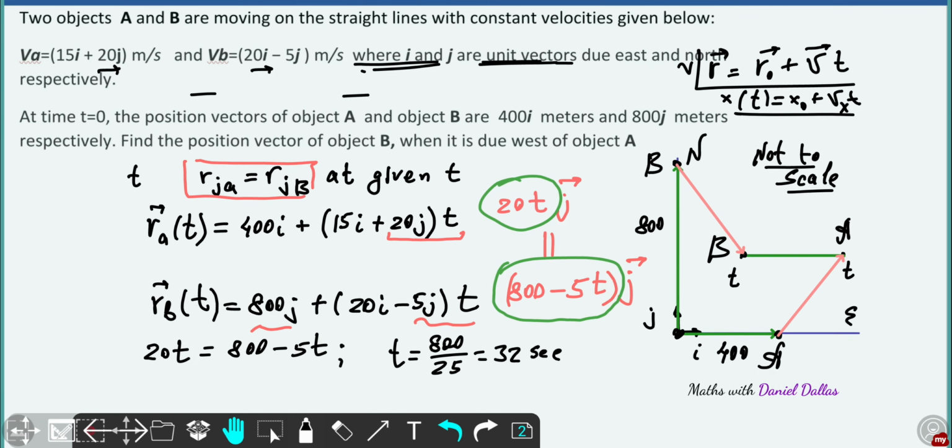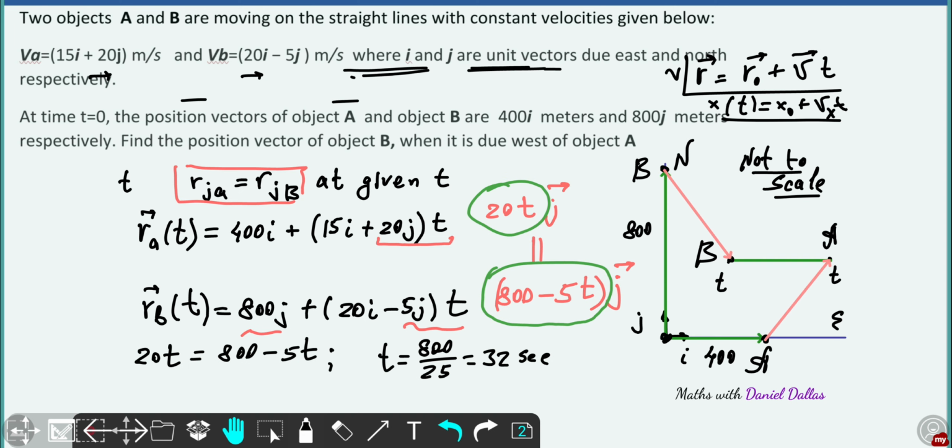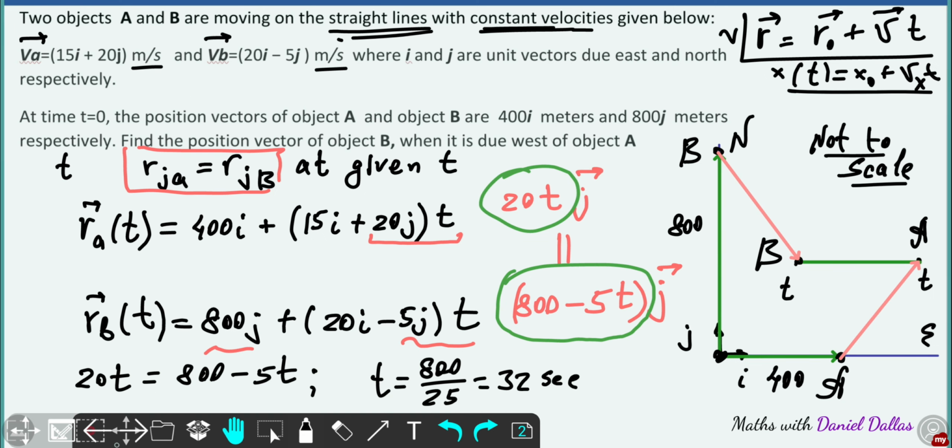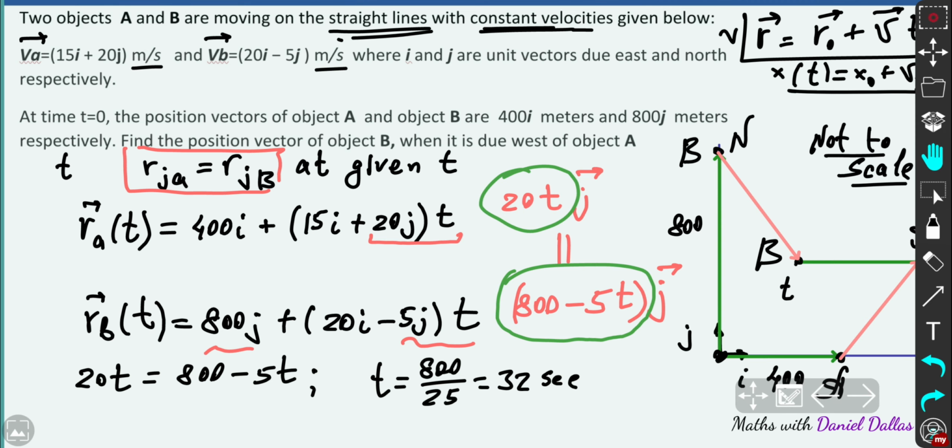All right, so we've found the time. What we need to do now is find the position vector of object B, so we simply need to define RB.